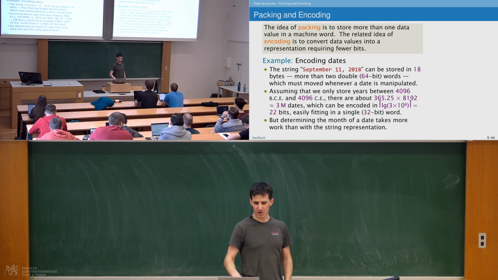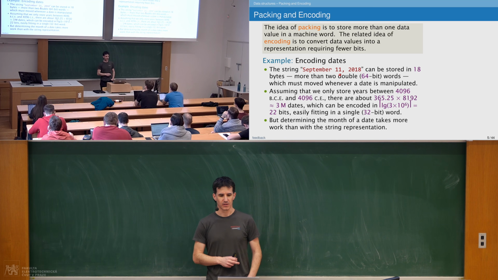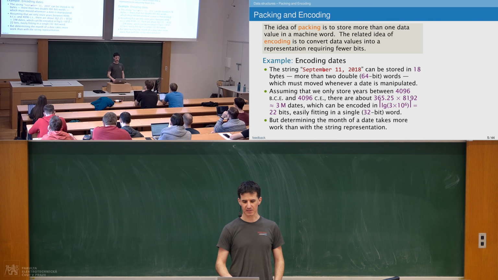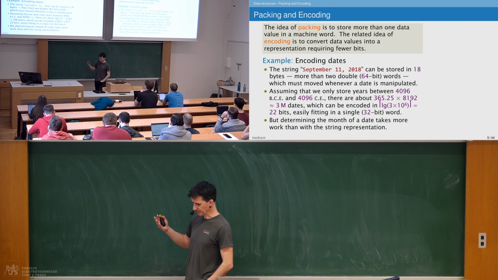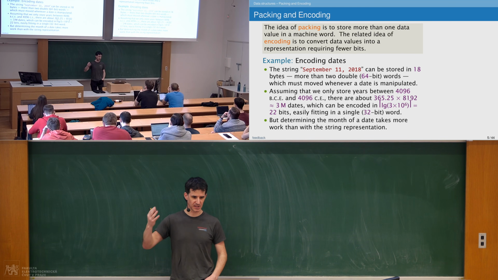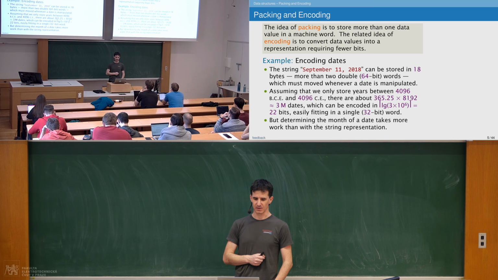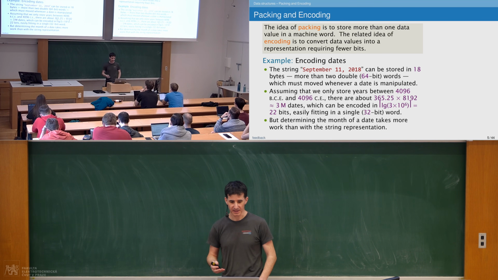Naturally, if you store this, you will use an integer for year, another integer for month, and another integer for the day. And depending on the size of your computer, this will need like 12 bytes or something like that.